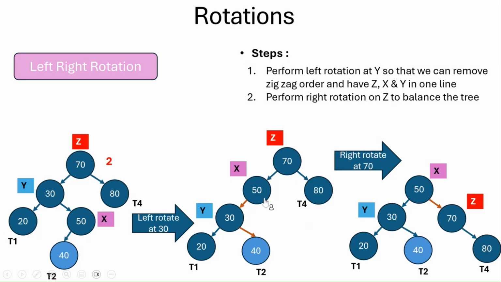If it had a right child, then it would have become the left child of Z, right? So we did the right rotation on Z, and we can see now our tree became balanced. So we understood why 2 rotations are needed. First is to break the zigzag so that we can get either the left-left situation or the right-right situation. And then we know how to solve the left-left and right-right situation using one rotation.